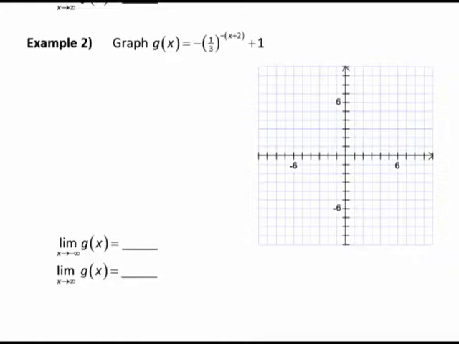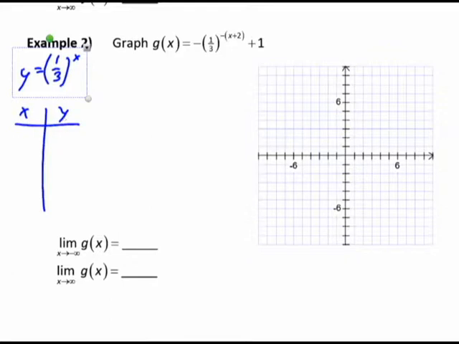We'll start the same way. Our initial parent function is going to be y equals 1/3 to the x. After throwing in the standard points, it becomes clear that we may want to add -2 as an anchor point.